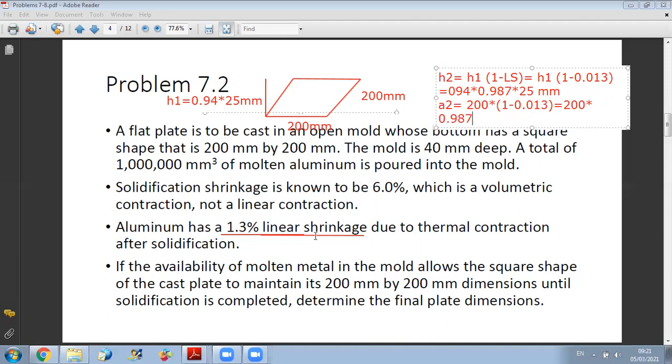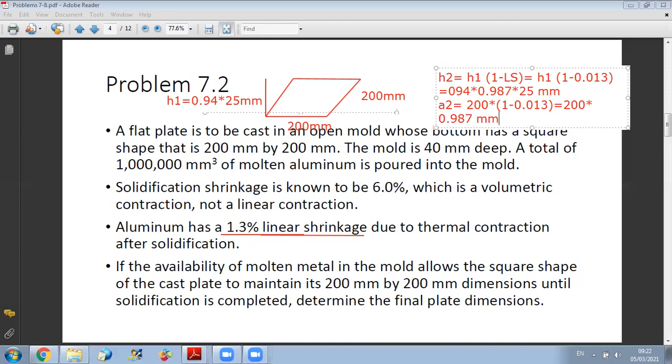Okay, and then once you find the new dimensions for the three sides, this is what was the question. You can find the new volume by multiplying H2 by A2 squared.